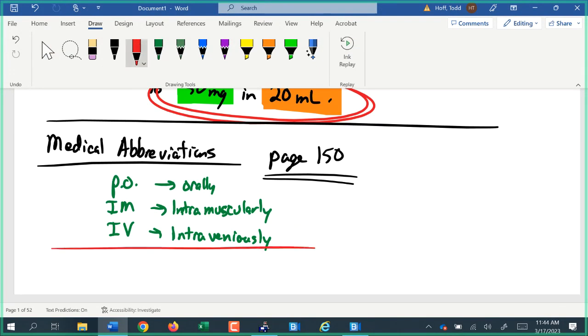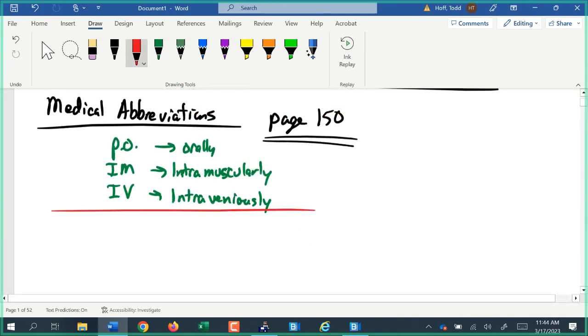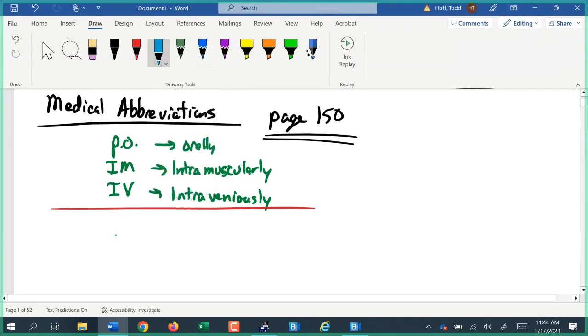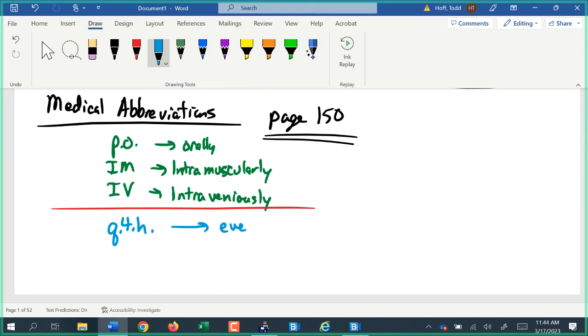Other abbreviations talk about frequency of medication, like Q4H. That means administered every 4 hours. Of course, along with that, Q6H, Q8H, every 6 hours or every 8 hours.